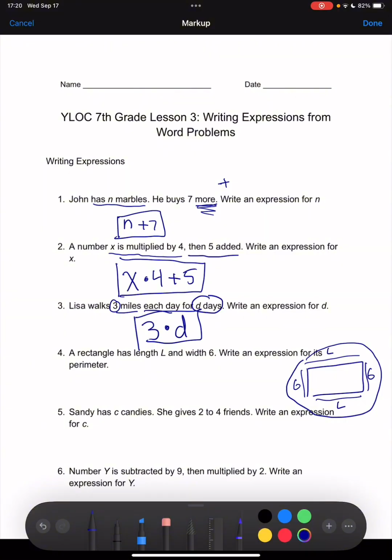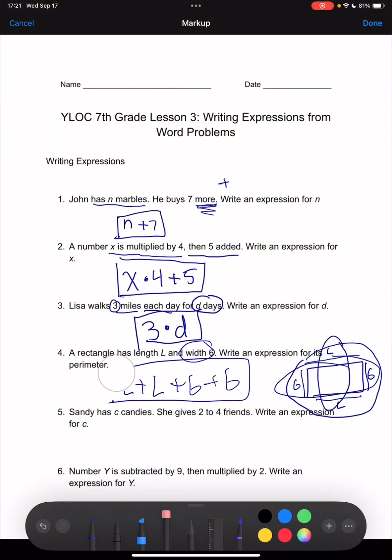And we have to write an expression for this. So that's going to be L plus L for these two, and then, whoopsies, excuse me, plus L. And then for the width, we're going to add 6 plus 6, plus 6, plus 6.